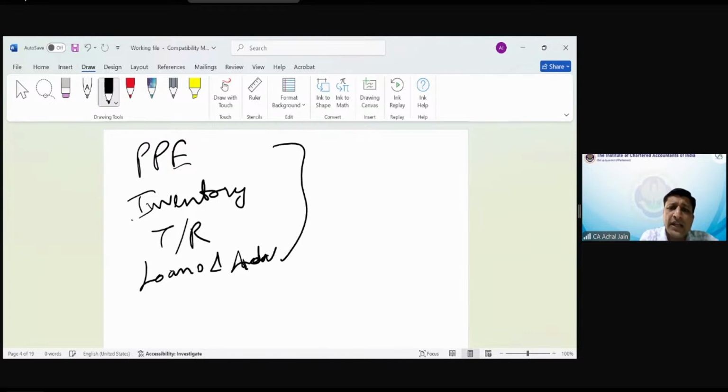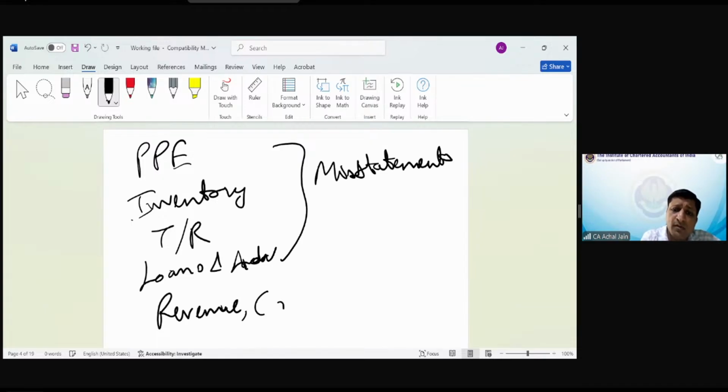All of them have got errors. Some have got material errors, some have got smaller errors, but on a totality basis, all of these are material. If you go look at the P&L, there again you find a similar sort of problem.